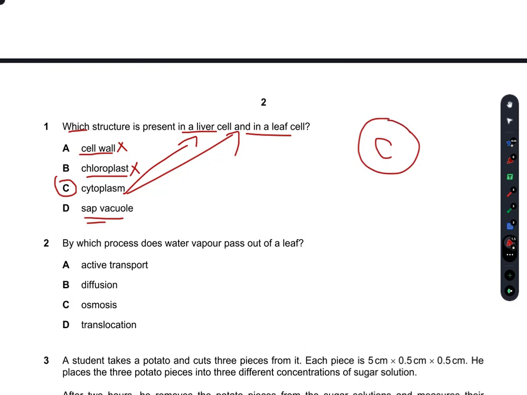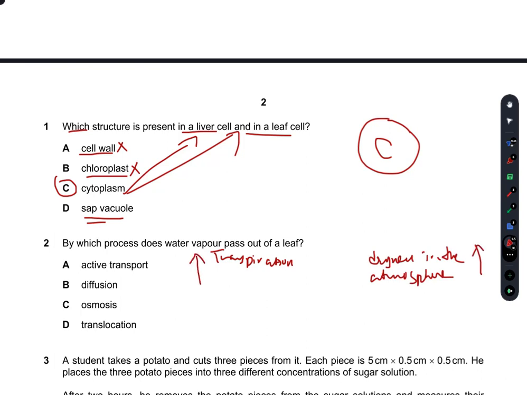By which process does water vapors pass out of a leaf? So what is the passage out of water vapors from the leaf called? It is called transpiration. And transpiration is favored by dryness in the atmosphere. So greater is the dryness in the atmosphere means greater is the rate of transpiration.